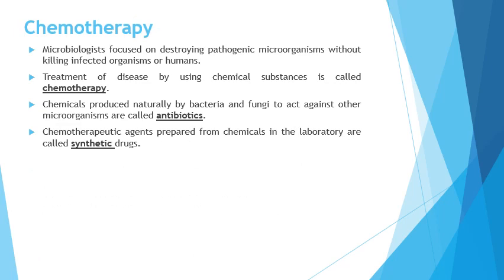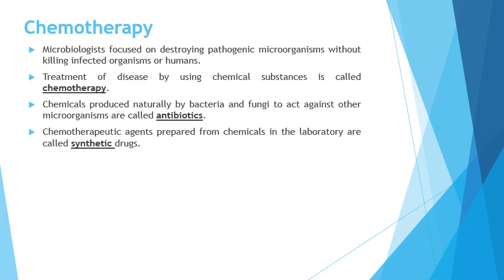Treatment with chemicals is referred to as chemotherapy. Chemotherapeutic agents used to treat infectious disease can be synthetic drugs or antibiotics. Antibiotics are chemicals produced by bacteria and fungi that inhibit or kill other microbes.